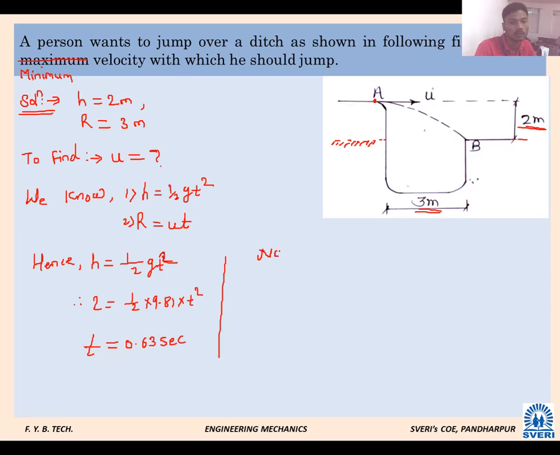Now R is equal to UT. Therefore, U is equal to R divided by T. That is equal to how much? R we know, 3 divided by T, 0.63. Therefore, U is equal to how much? 4.70.